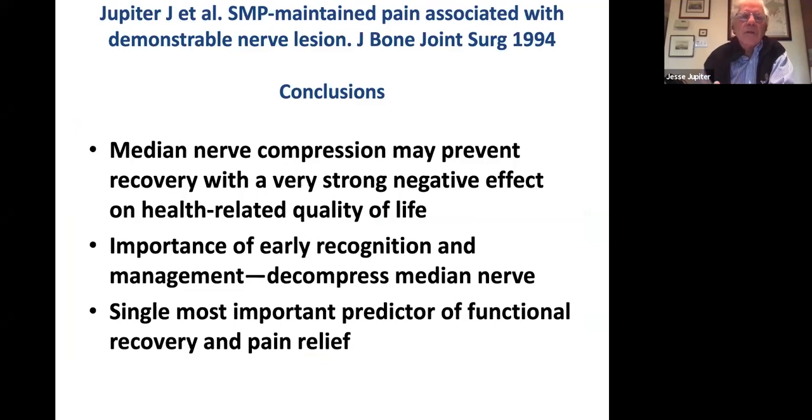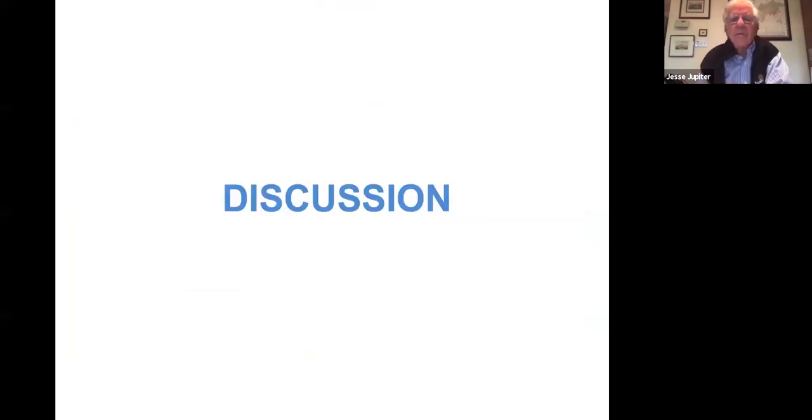If a patient comes to me after a week or two and has severe pain, I think it's the median nerve, and it should be released. So have a low threshold for releasing the median nerve because the sequelae are very bad.